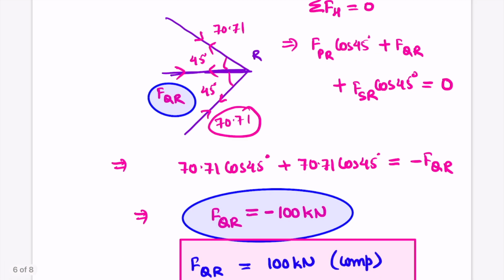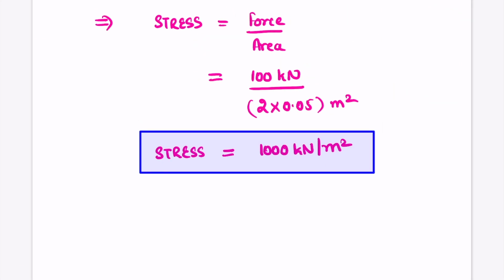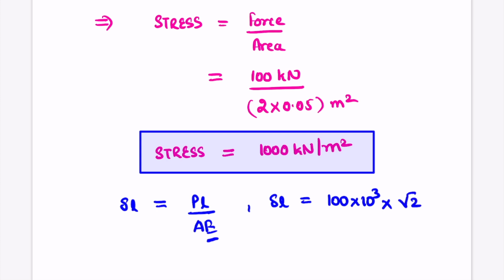So to find the value of shortening, we will use this formula. So delta L will be equal to PL upon AE. What is the value of force in this member? 100 kilonewton. Since E is given in Newton, let's convert it into Newton. Length of this member is √2 times of L, that is 1 meter.